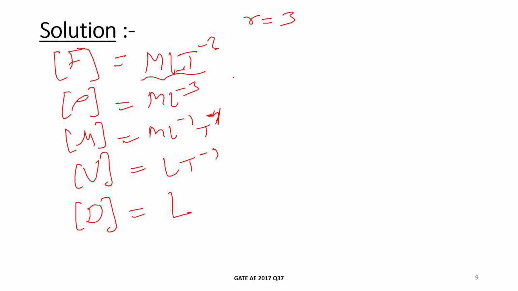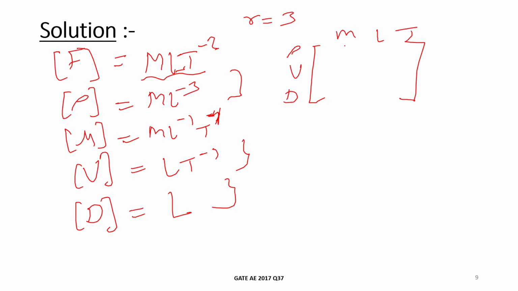So we have chosen rho, u, and d. If you want to check whether these three are independent, we will make one matrix of rho, u, and d. The powers of M in the row are 1, 0, 0; of L are minus 3, 1, 1; and of T are 0, minus 1, 0.